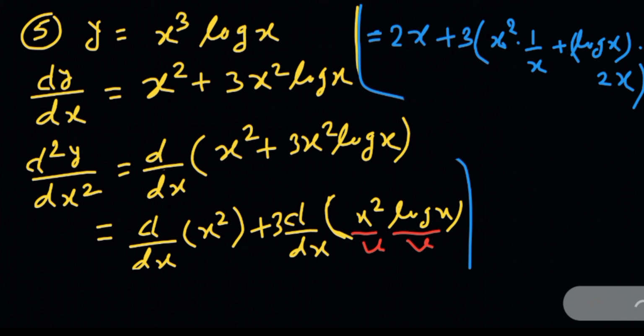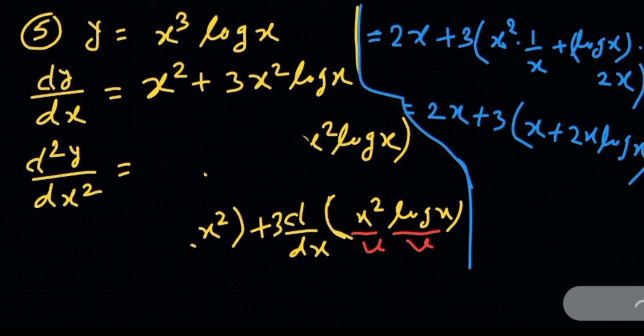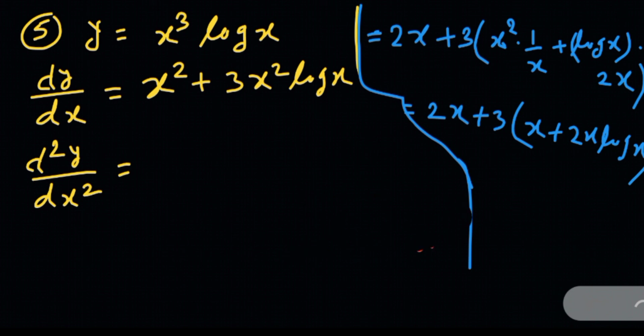It will be 2x plus 3x plus 2x log x. Now I just have to simplify, so I will erase this space and write here only, because these steps we already did.